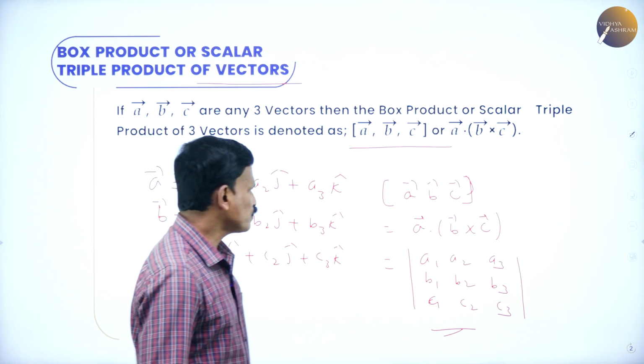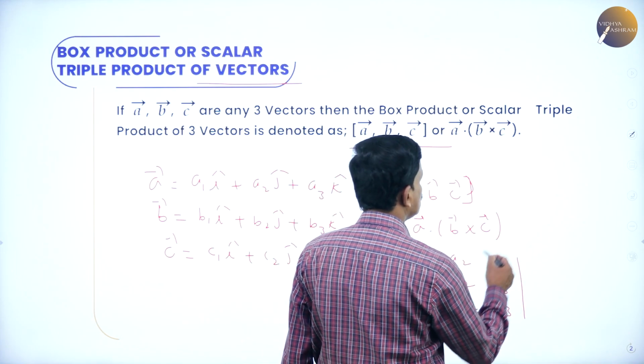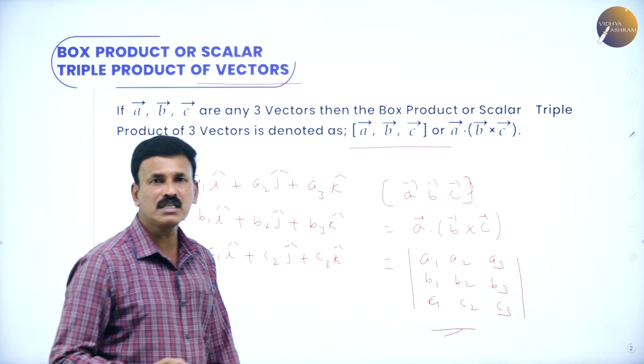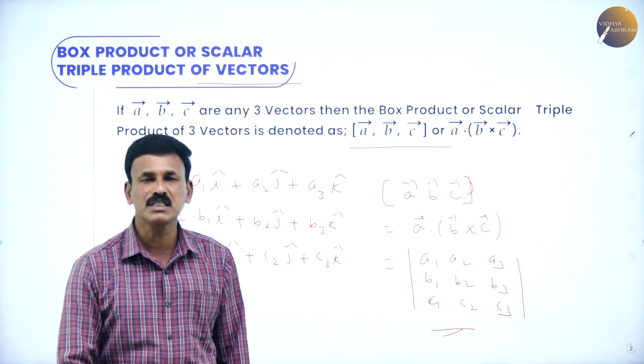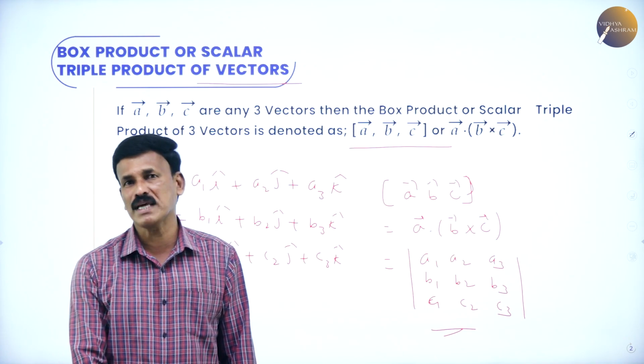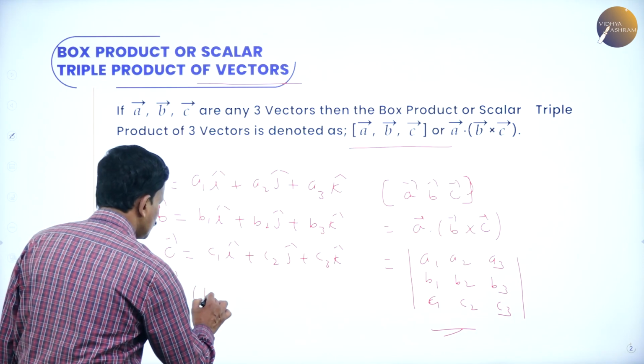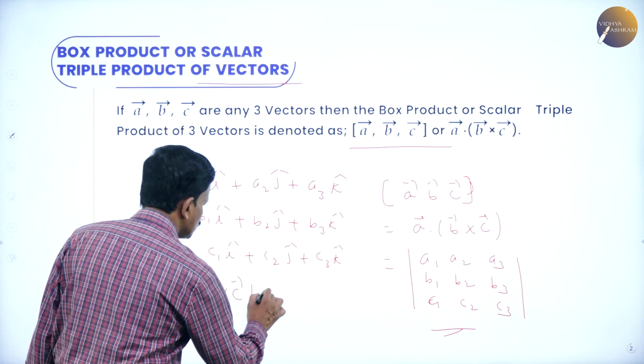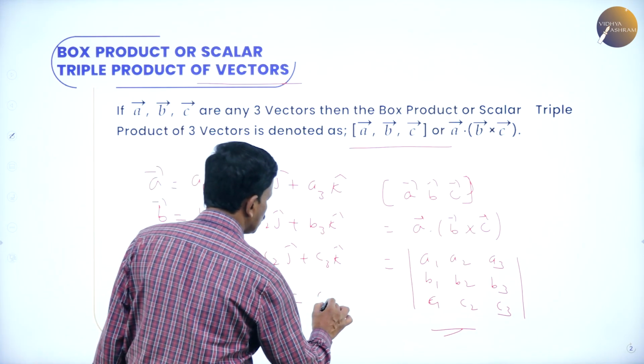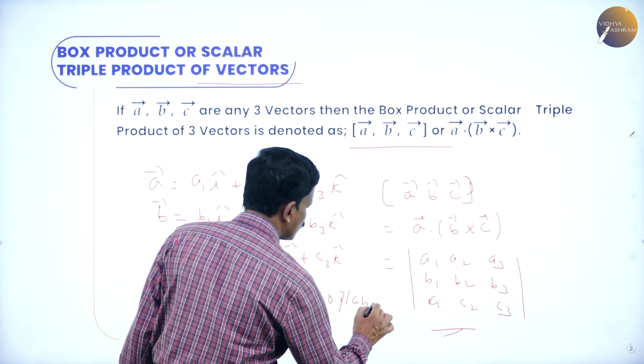Now if A dot B cross C is equal to 0, if the scalar triple product is equal to 0, then the three vectors are said to be coplanar vectors. This being equal to 0 implies the vectors are coplanar.